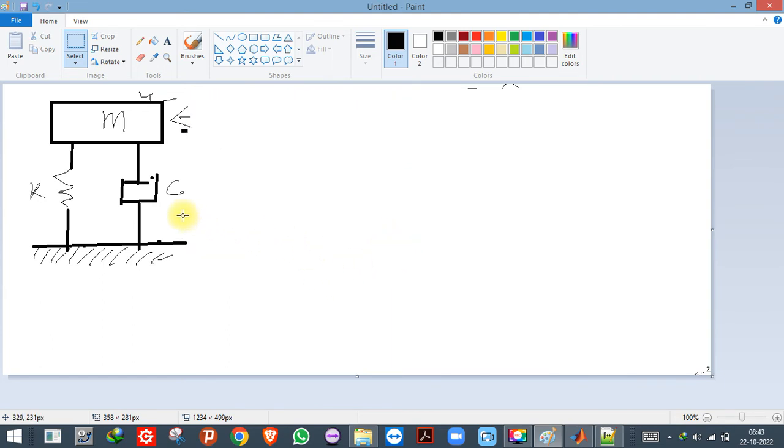So first, we'll not keep any damping. We'll simply keep these and delete this damping. Let's say there is no damping. Now what is damping? If there is no damping, the system will keep vibrating continuously.